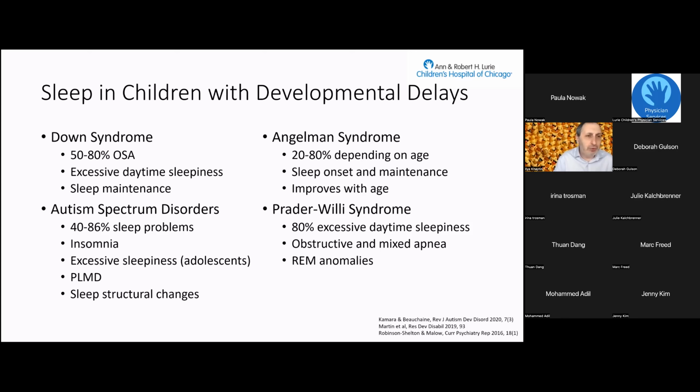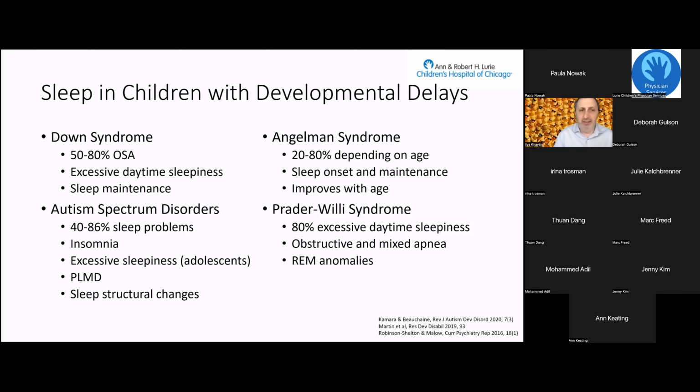Up to 80% of children with Down syndrome have obstructive sleep apnea due to more floppy airways and relative obesity.